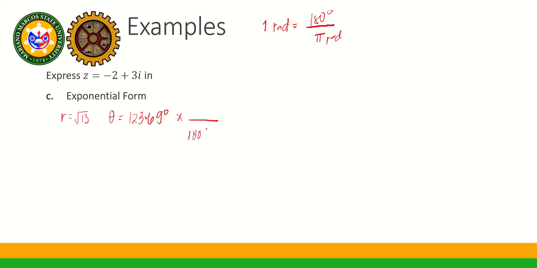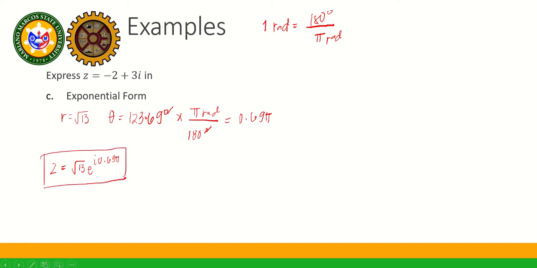Yung denominator natin is naka-degrees para mag-cancel yung unit natin na degrees, and this will be in radians. So this is equal to 0.69 pi. So in writing the complex number in exponential form, we have z is equal to square root of 13 times e raised to i times 0.69 pi. So this is now the exponential form of our complex number. So that is example number 1.